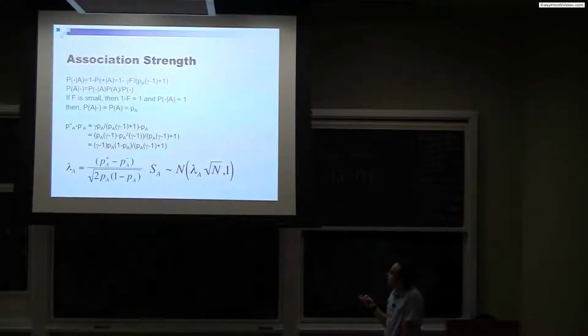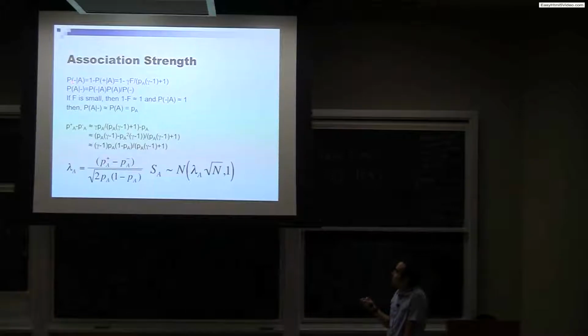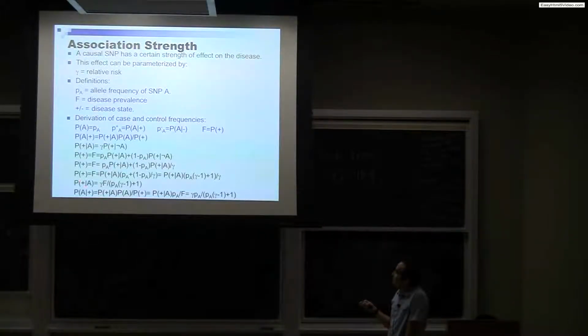But what about this one here? This is the negative. This is the controls. So the controls is going to be 1 minus the probability of. So if I know this guy, this is P plus A, right?